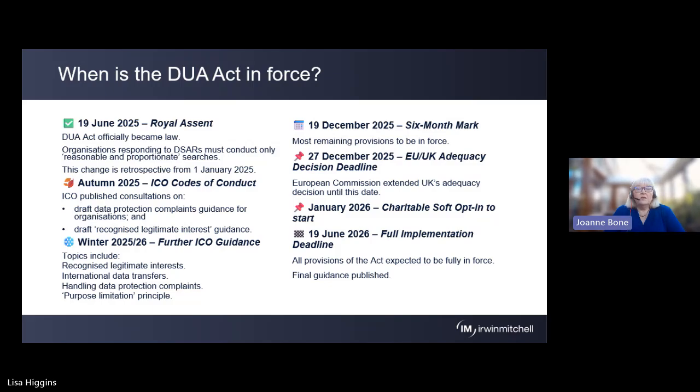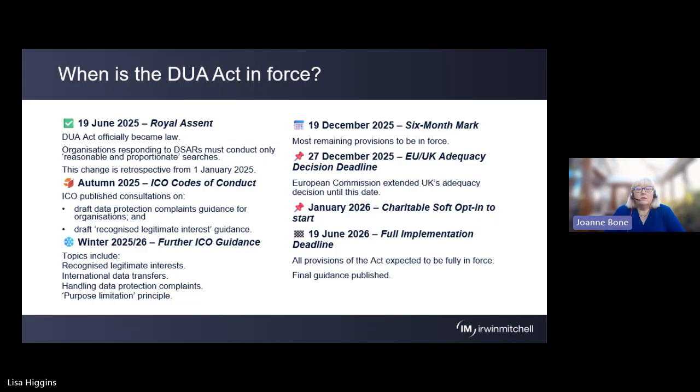I've put a deadline on there relating to EU and UK adequacy. One of the things that's important about this legislation is making sure that we don't lose EU-UK adequacy, because at the moment data can flow backwards and forwards from the UK to the EU and vice versa.